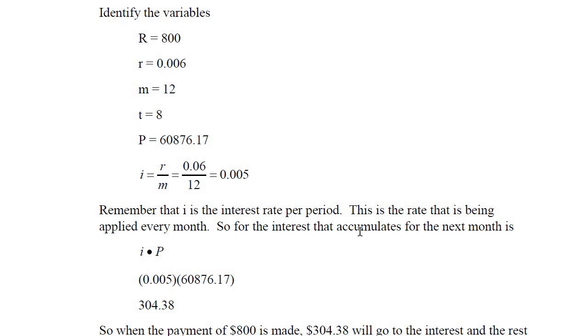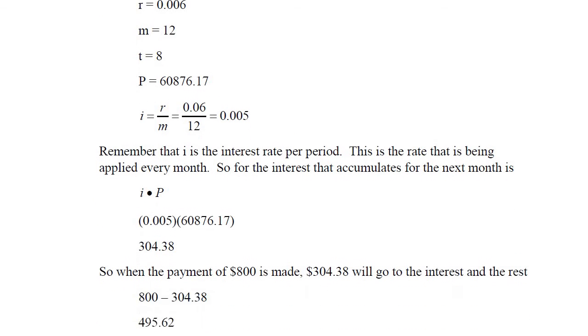So for the interest that accumulates during the next month, to calculate that, we have to do i times P. So 0.005 times my $60,876.17, so that's how much we currently owe on the loan. That gives us $304.38. So during that period, the interest that accumulates is going to be $304.38.